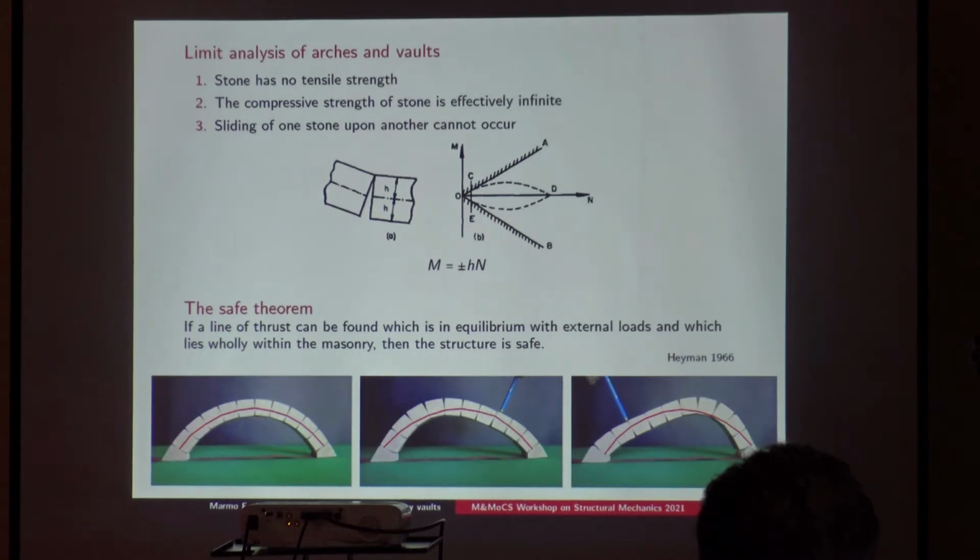And you can see how the configuration of the arch modifies according to the applied load. Actually, here and here, I'm applying concentrated force to the arch. The arch deforms, and this is because the voussoirs rotate one with respect to the other, and you can visualize the path of the force transmitted within the structure.